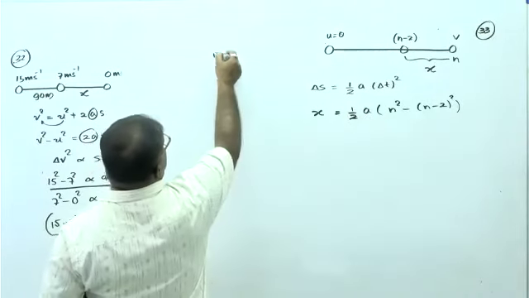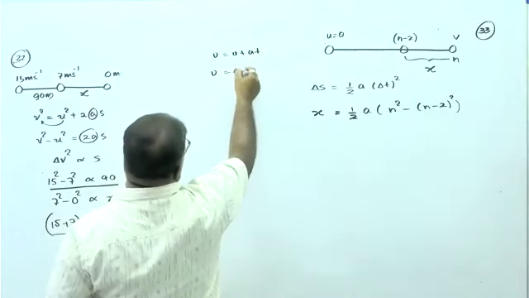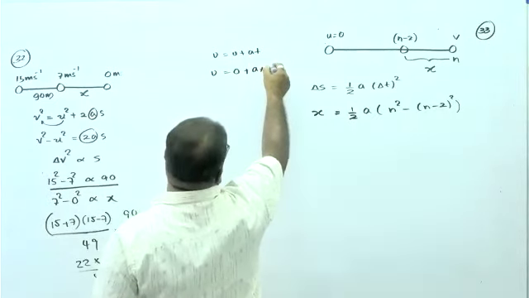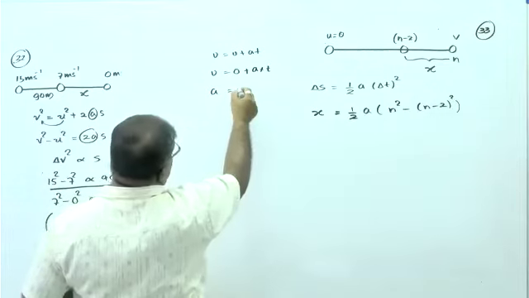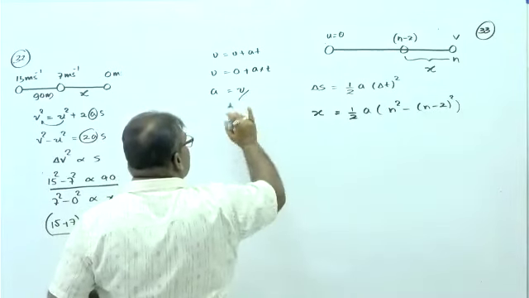Finding a, we can apply v equals u plus at. Done. u is 0, starting from rest, a becomes v over t. t is n, right?